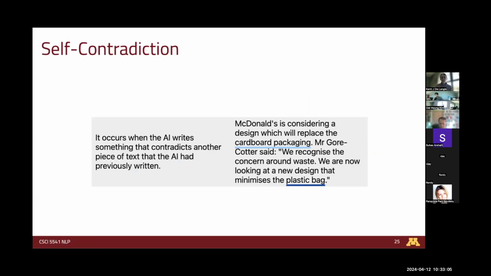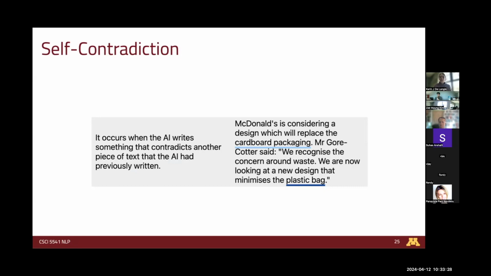Self-contradiction is really similar to off-prompt, honestly. The only difference is that the self-contradiction is where we have something contradictory within the text that is actually being generated by the computer. So in this case, we have McDonald's is considering a design which will replace the cardboard packaging.